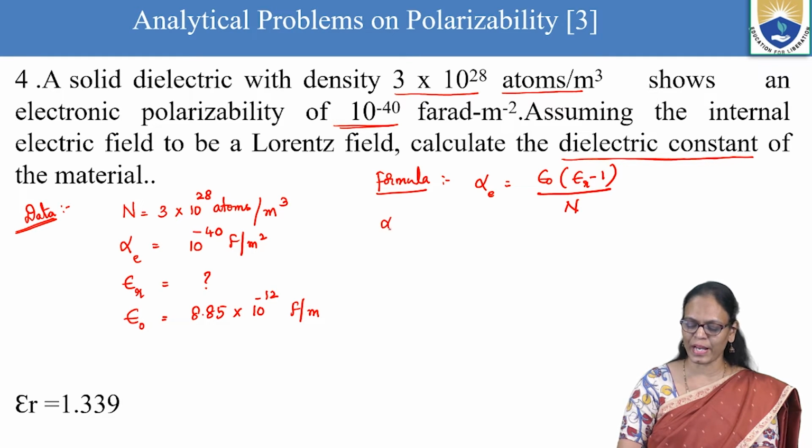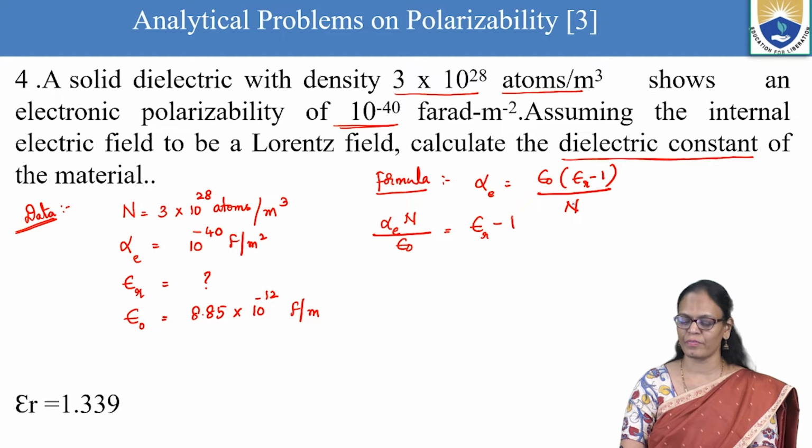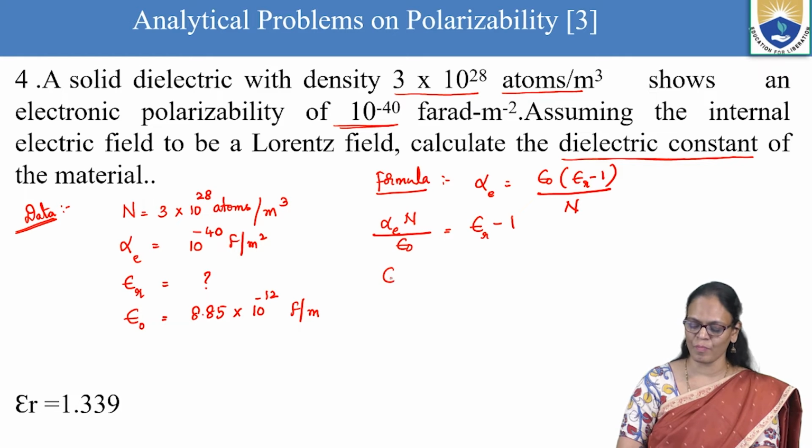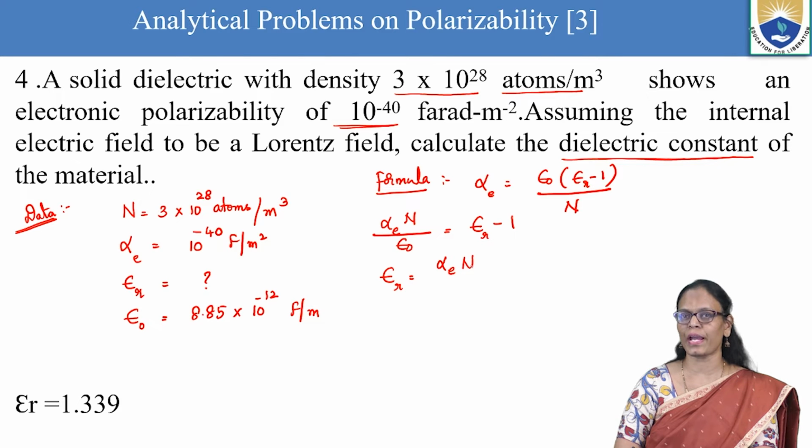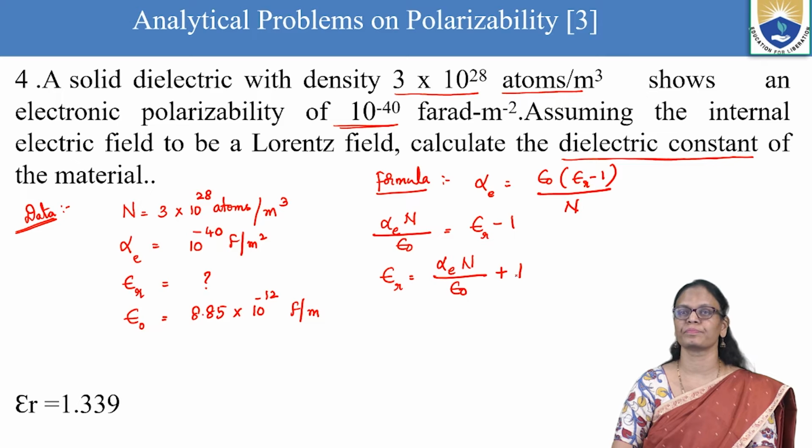I can simply write this as alpha E into N by epsilon naught is equal to epsilon r minus 1. I have taken N to the numerator, epsilon naught goes to the denominator. Since we want to find epsilon r, it will be equal to alpha E into N by epsilon naught plus 1.